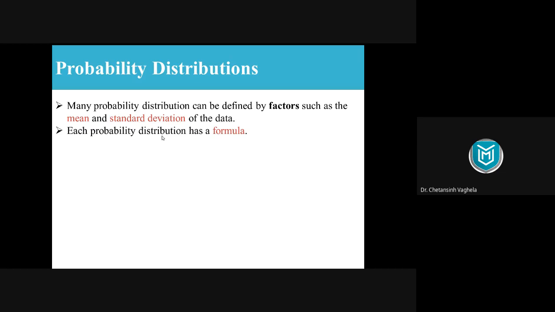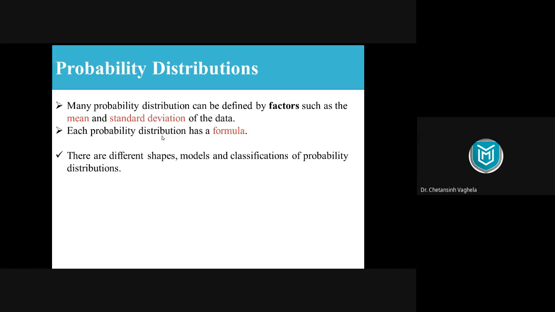Each probability distribution will have a formula. हर किसी की एक formula होगी, unique होगी. जैसे कि बाइनोमियल के साथ बात करें तो उसकी एक फॉर्मूला होगी, पॉइसन की कोई अलग से फॉर्मूला होगी, नॉर्मल की एक फॉर्मूला होगी. Each and every distribution will have its own formula, and all the distributions will have different shapes, models, and classification.